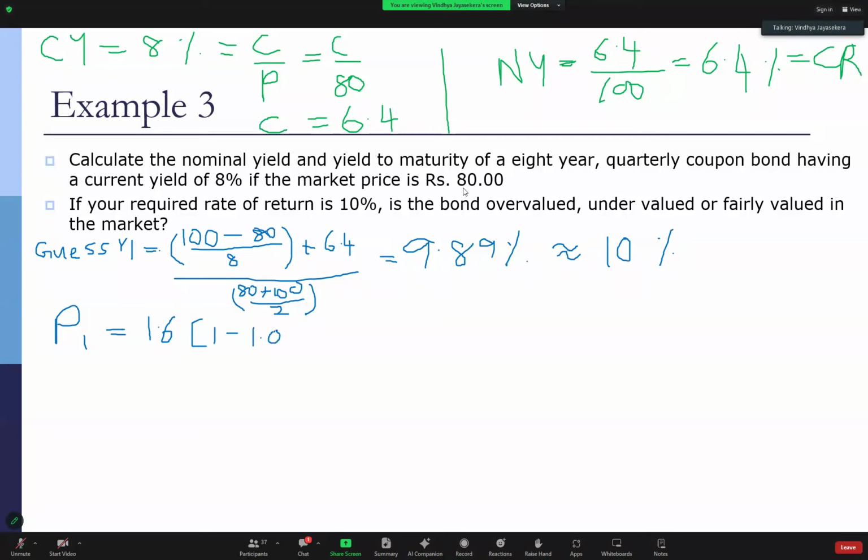plus 100 divided by 1.025 to the power 32, which comes to 80.333.